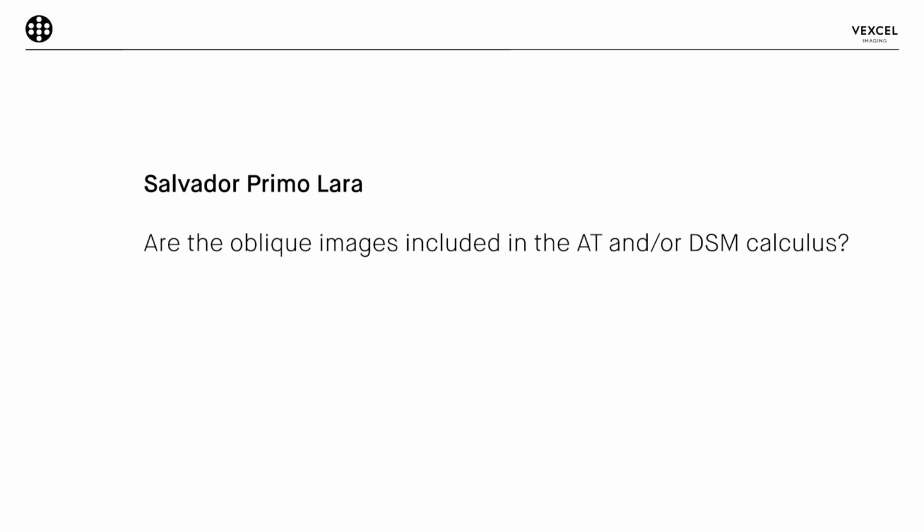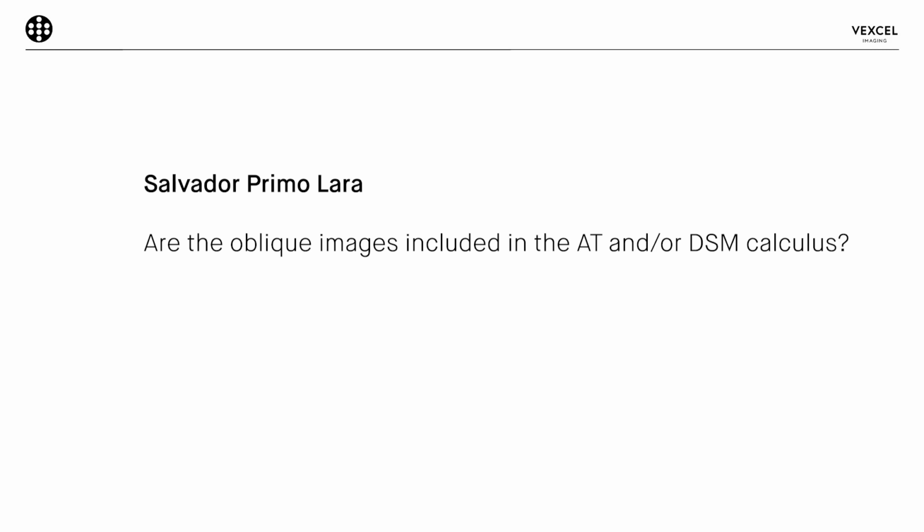Yes. Oblique images are included in the error accumulation. This is a parameter that the user can select. So for projects that are captured with the Osprey camera, the user can select to either do just a very basic version, use the nadir photos only, or all the oblique images can be included. If this is selected, then the oblique images are included for the tie point collection and for the color balancing.